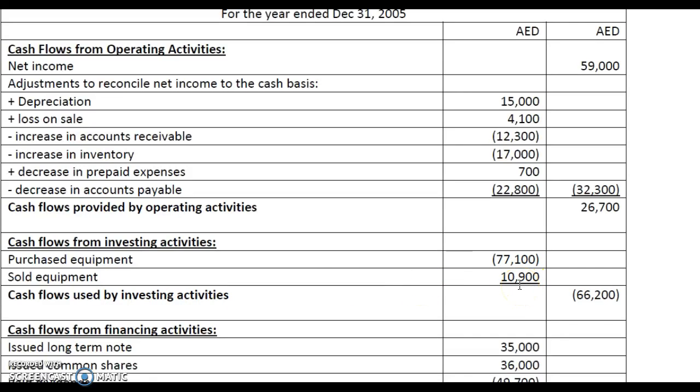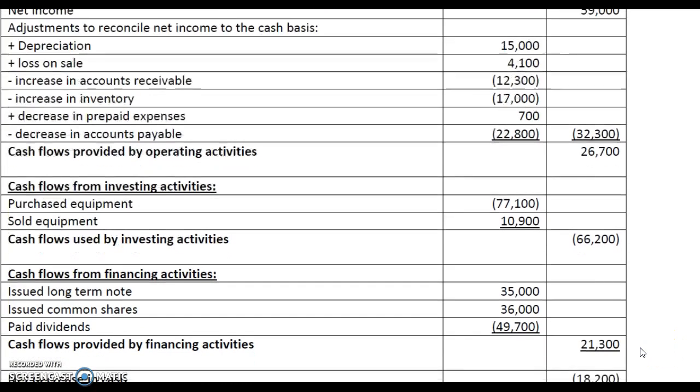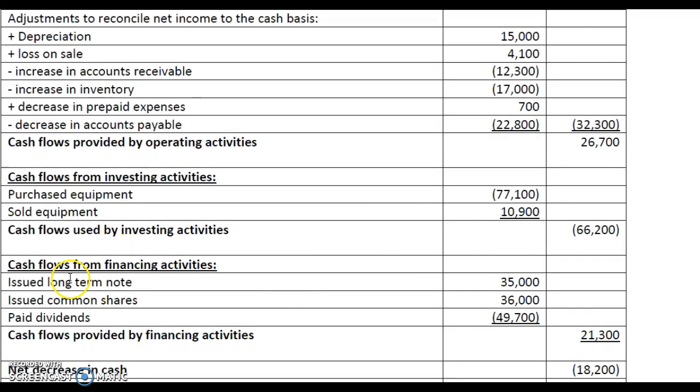So 10,900 minus 77,100 gives us minus 66,200. Since it is a negative amount, therefore it is cash flows used by the investing activities. And then we proceed to record the cash flow from financing activities.